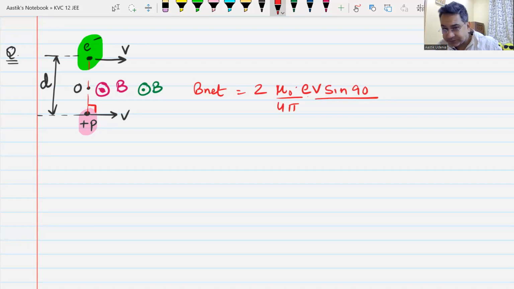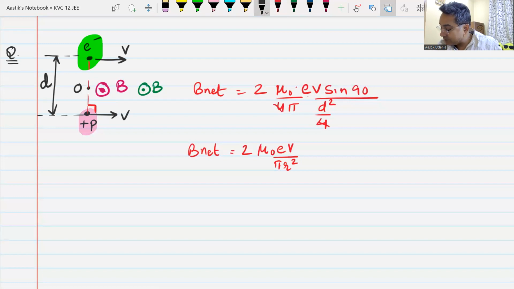Distance is d by 2, so it becomes d square by 4. You cut things and you get the value of net magnetic field as 2 mu naught EV by pi d square. That was the answer that we were looking at.